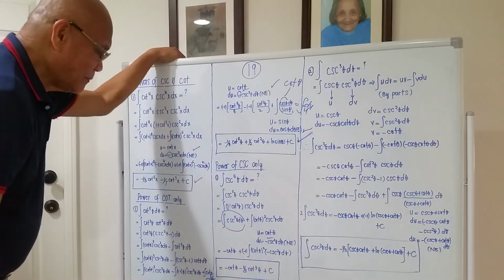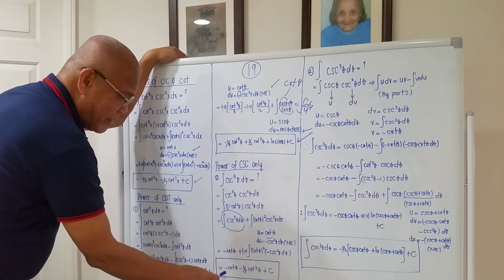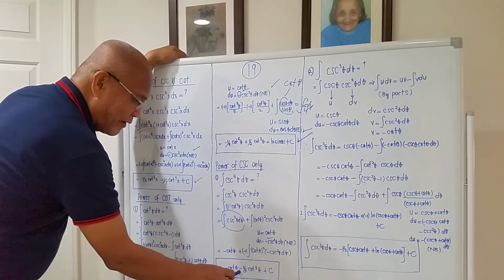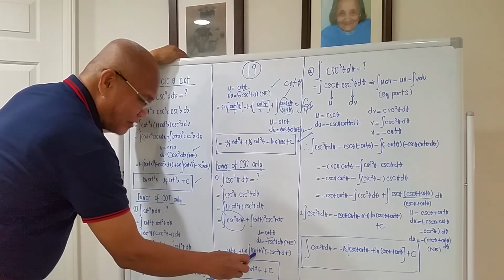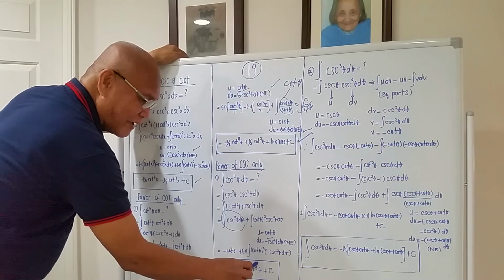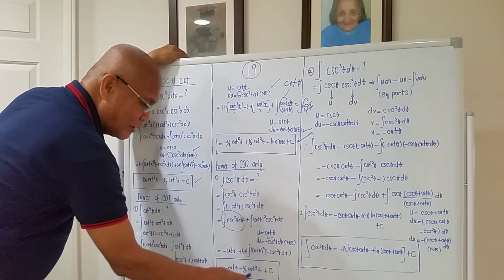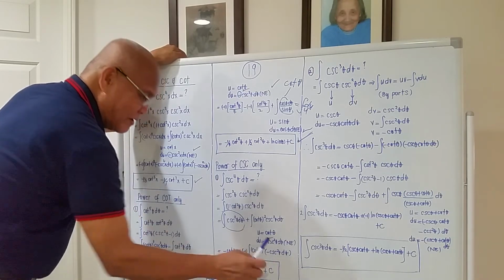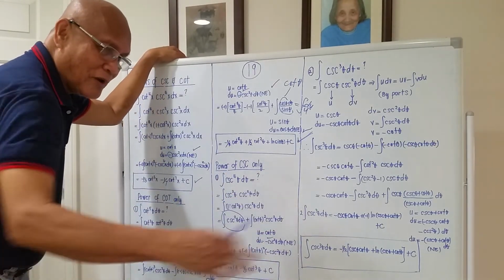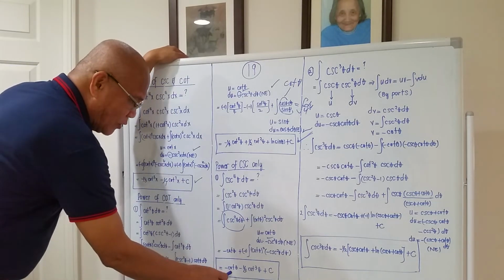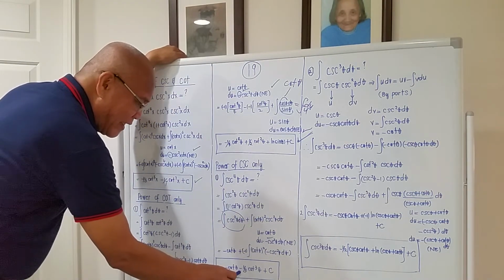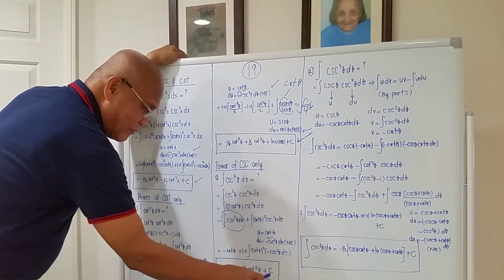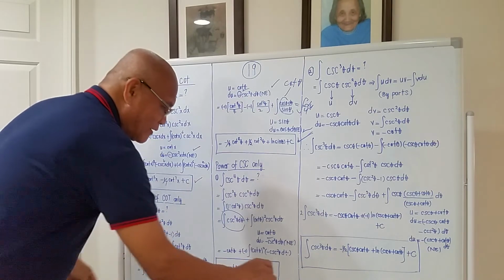So for the final answer, we rewrite this one, negative cotangent of theta, plus and minus, that will be minus, cotangent raised to 2 plus 1, which is 3, so cotangent cube all over 3, plus c. Simplified final answer: negative cotangent of theta, negative 1/3 cotangent cube of theta, plus c. That's the final answer.